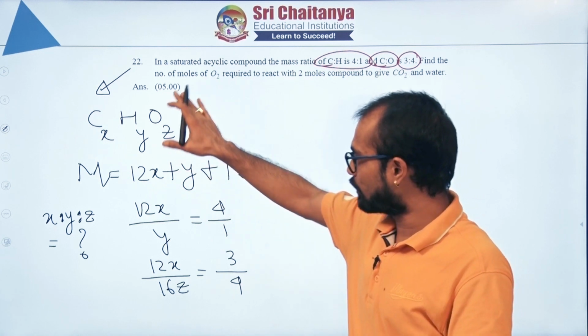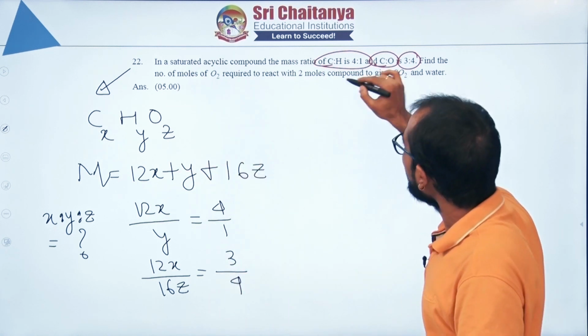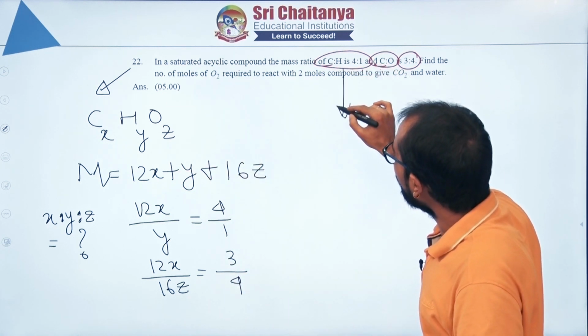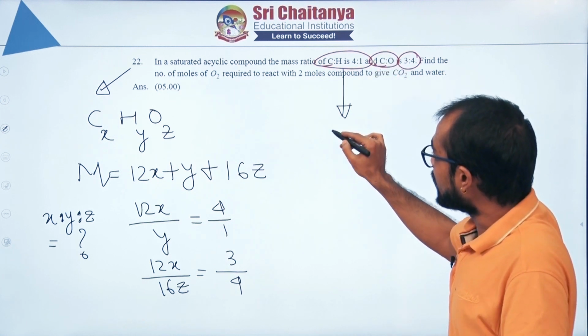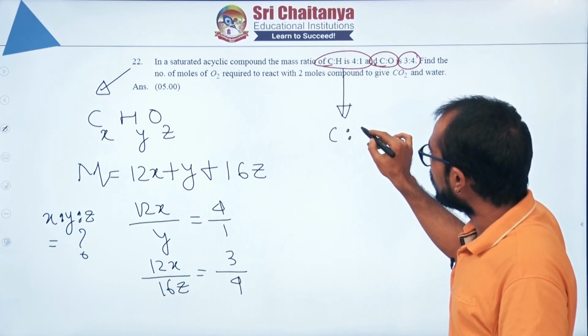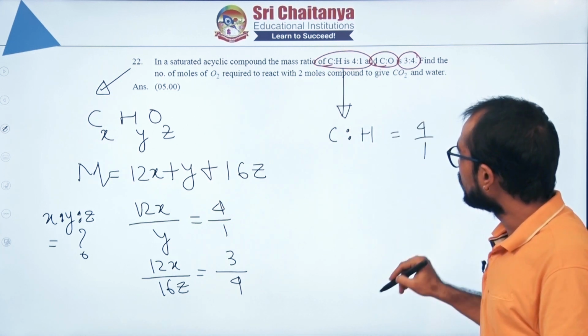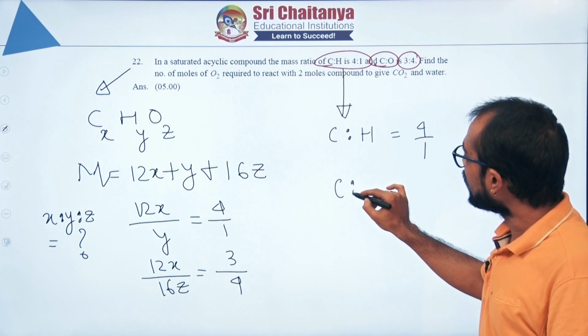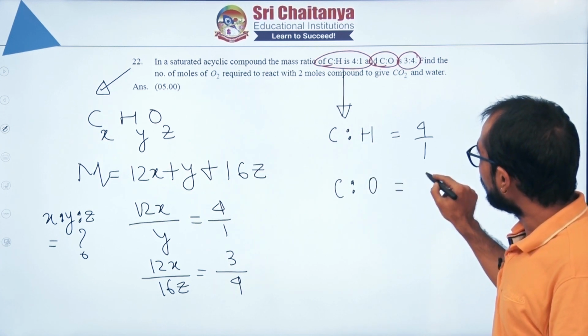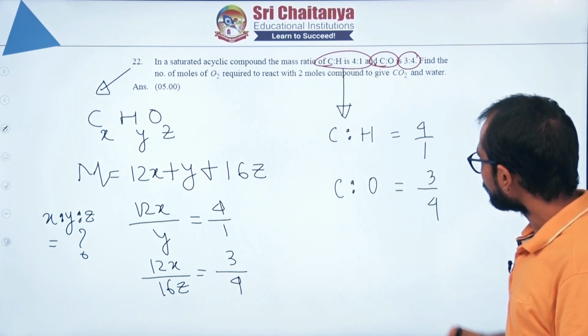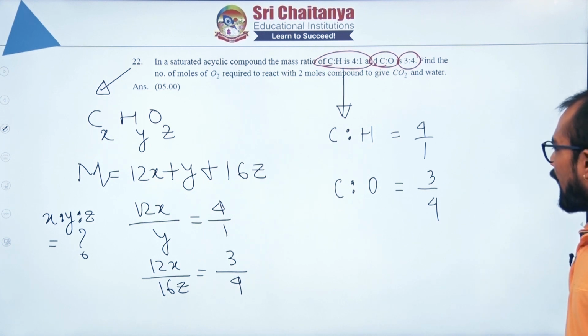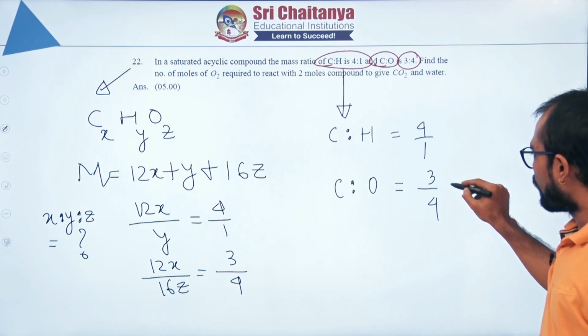So definitely this way they are not asking. Say for example, I take this information: the mass ratio of carbon to hydrogen is given as 4/1, and the mass ratio of carbon to oxygen is given by 3/4. Now, I am multiplying this one by 4.